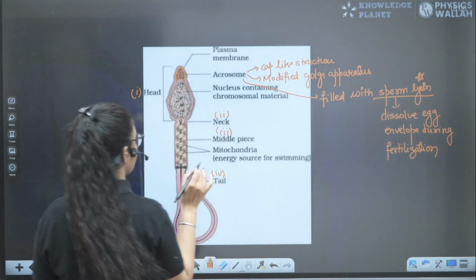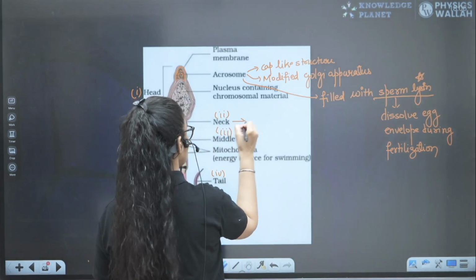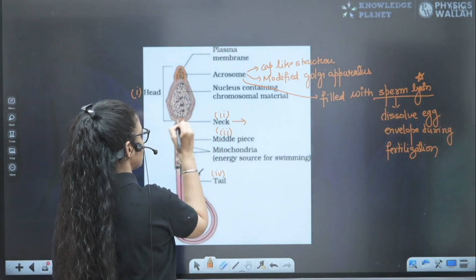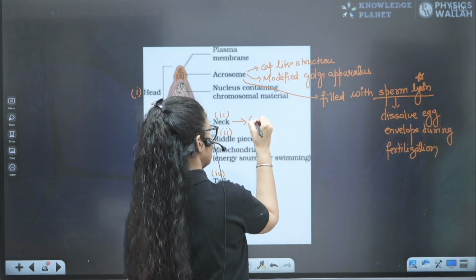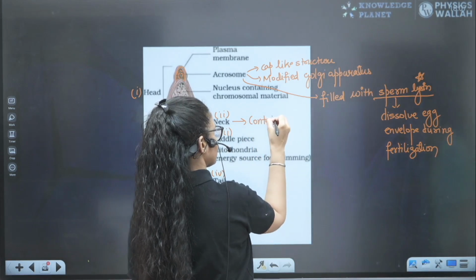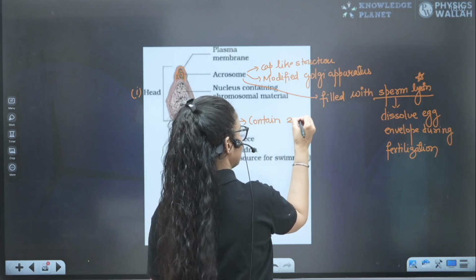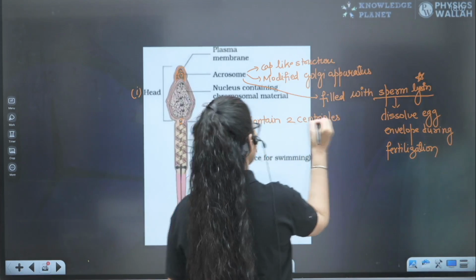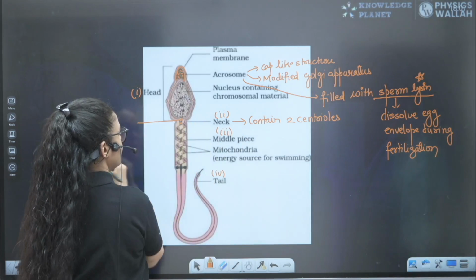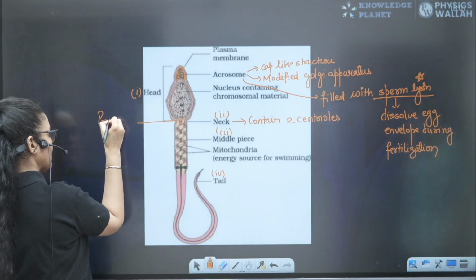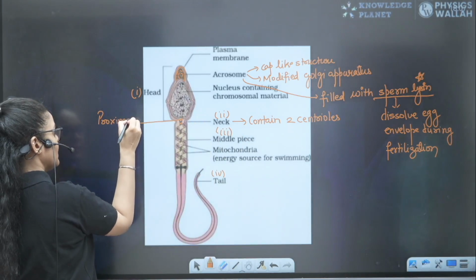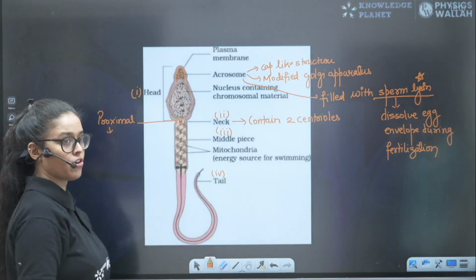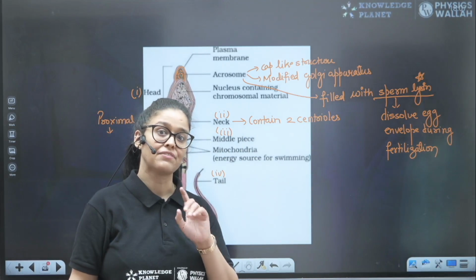Next, the neck region contains two centrioles. One is the proximal centriole, which helps in the cleavage of the egg. The egg doesn't have its own centriole.